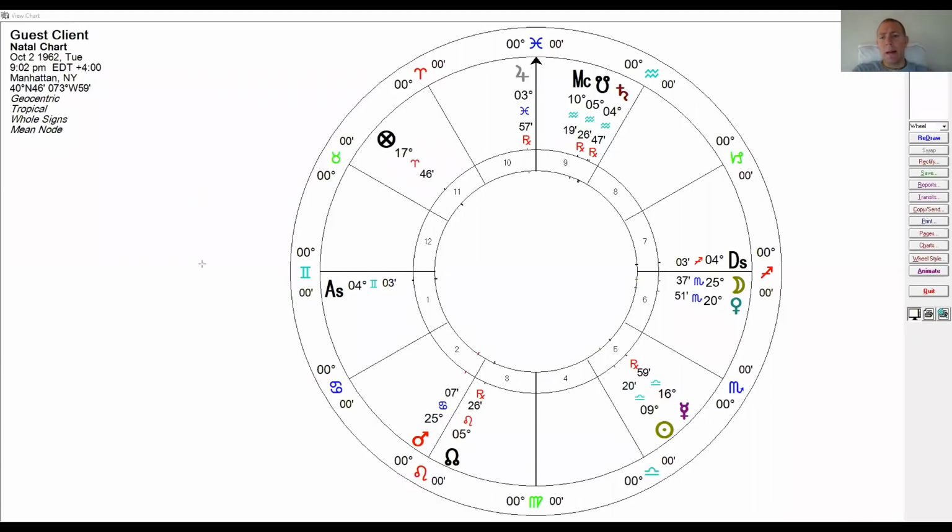Here's what we did. First of all, when assessing a birth chart in ancient astrology, one of the things we pay a lot of attention to is whether you were born during the daytime or the nighttime. If you were born during the daytime, then the Sun, Saturn, and Jupiter are considered to be of the sect.